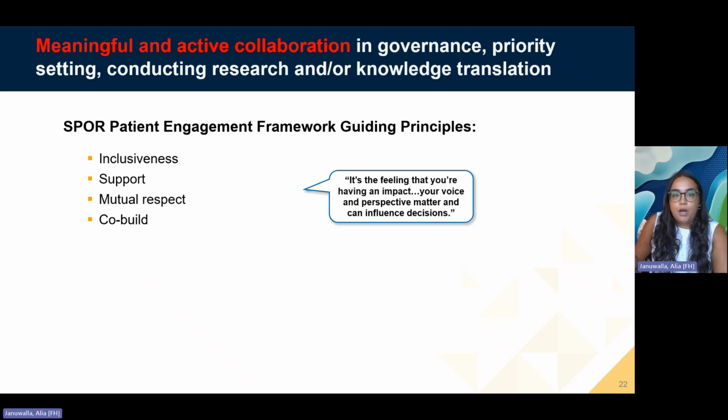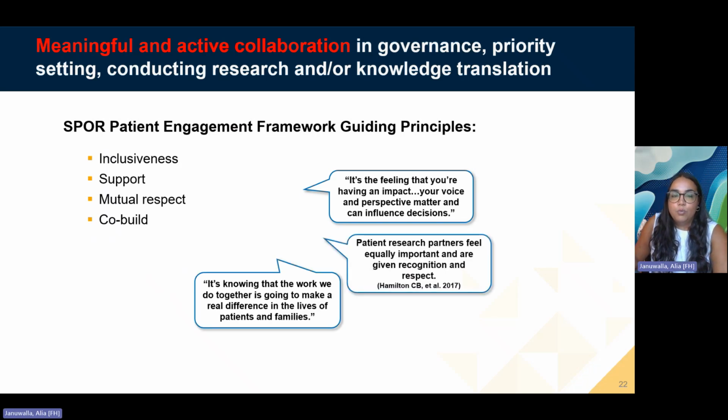So when we talk about patient engagement, we're really talking about these guiding principles. And so patient engagement, what we're working under that is defined as the meaningful and active collaboration in governance, priority setting, conducting research, and or knowledge translation.